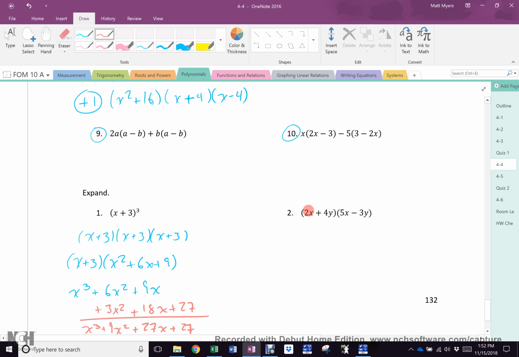And this guy is 10x squared minus 6xy plus 20xy minus 12y squared, which is 10x squared plus 14xy minus 12y squared.